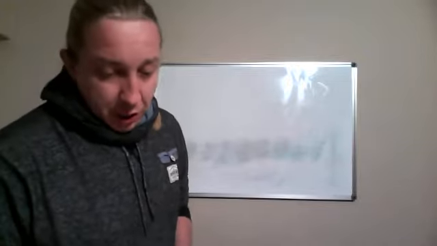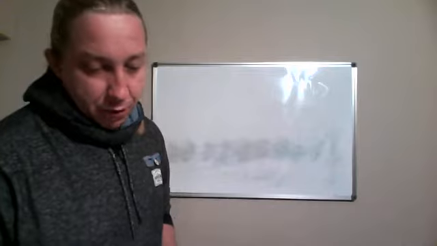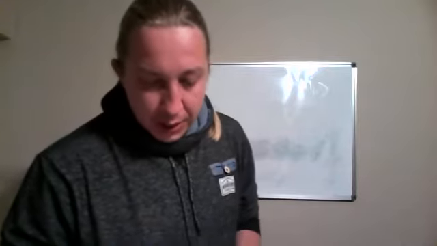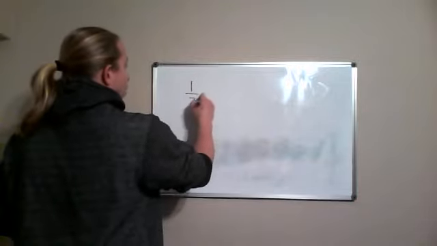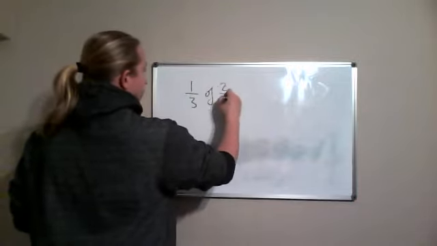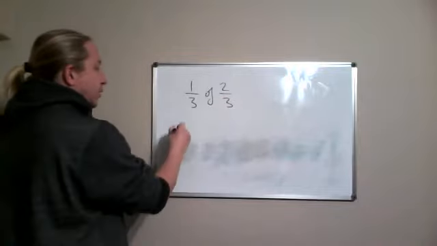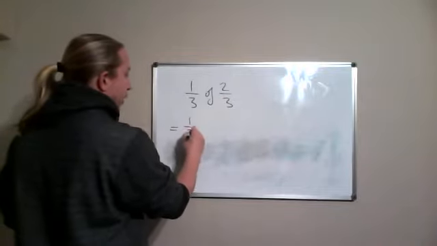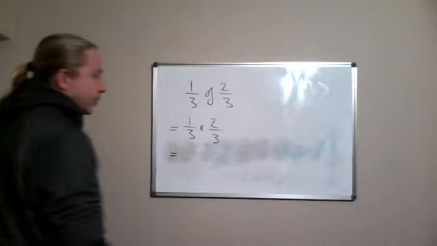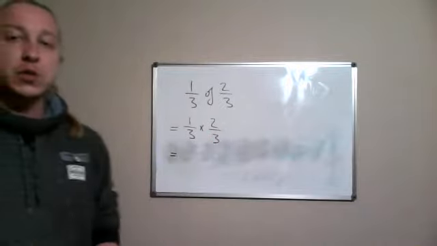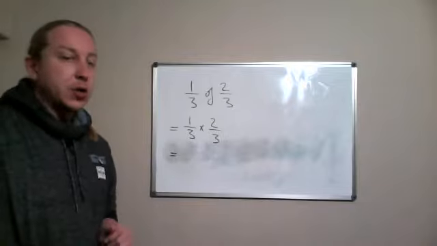Okay, so let's look at the examples that they've done for us. Let's look at number 1. We have a third of 2/3. Remember, of means multiplication, so this equals 1/3 times 2/3. The first way we're going to learn is what they told us.